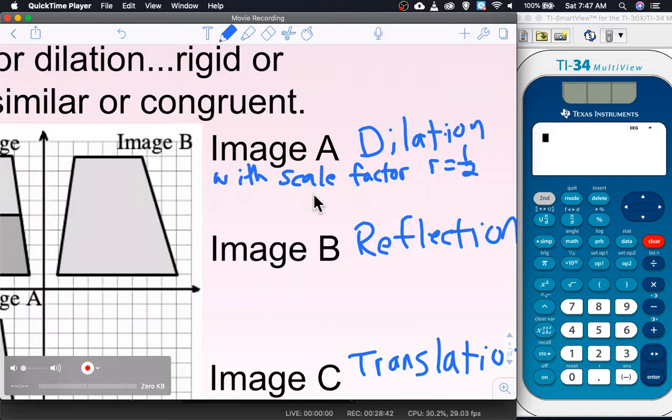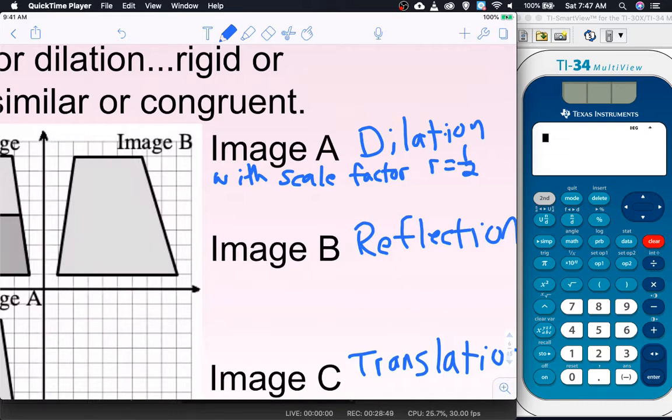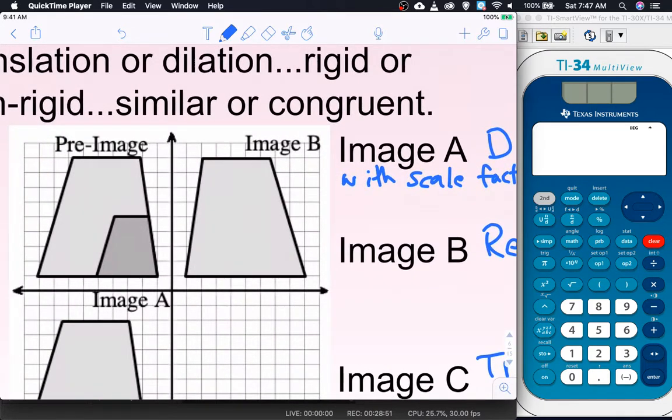Now let's get best. The thing we're missing now is the center of the dilation. Where did we dilate from? Because you're allowed to dilate from pretty much anywhere. Oopsie. That's not too bad for hand-drawn.